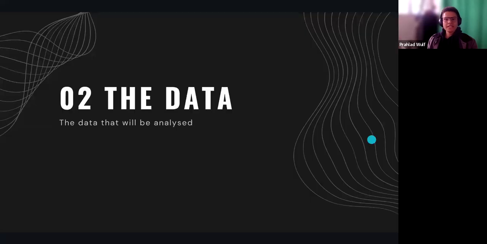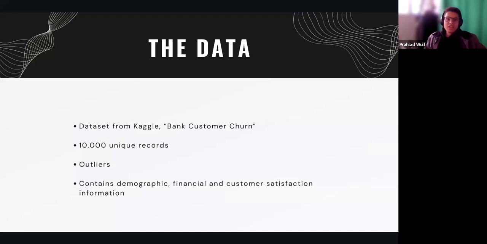Looking at the data, it is a data set from Kaggle called Banking Customer Churn. It has 10,000 unique records, and it does have some outliers, but those were kept in the data set as this is real world demographic data, so there's no need to remove the outliers.